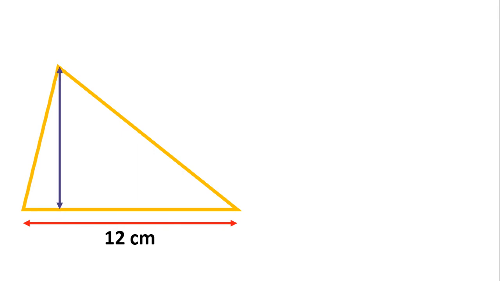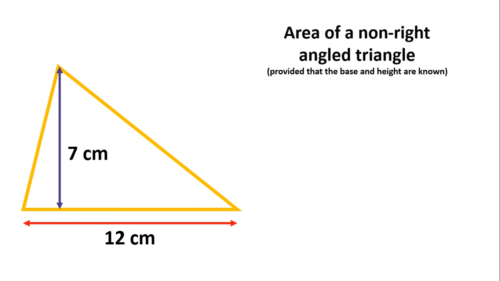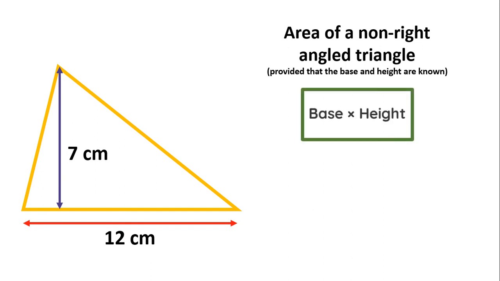So let's look at an example. For instance, I have this triangle which has a base of 12 centimeters, and let's suppose this vertical height is 7 centimeters. Keeping in mind the formula for a non-right angled triangle, that is base times height. Now I have my base, I have my height, and as you can see, it's important that these two measures are given to you.